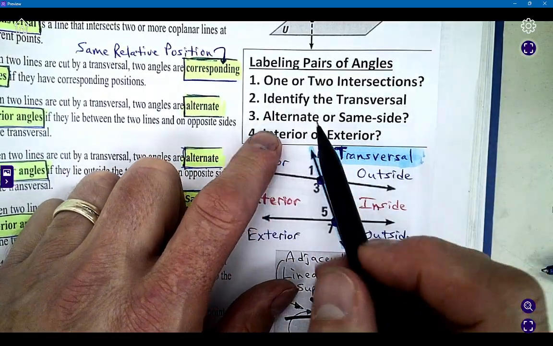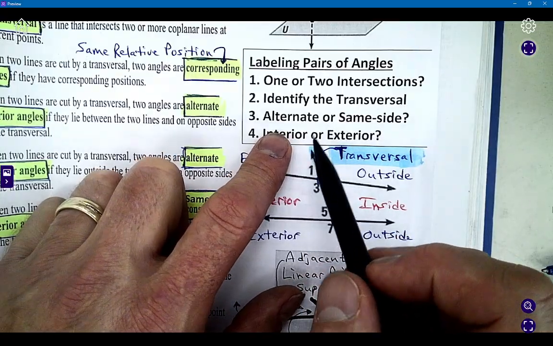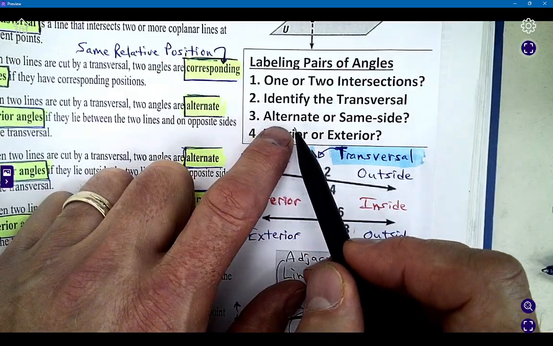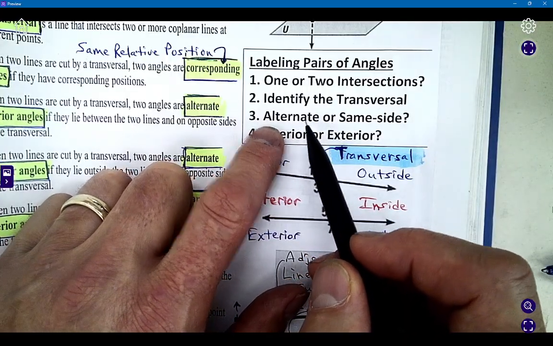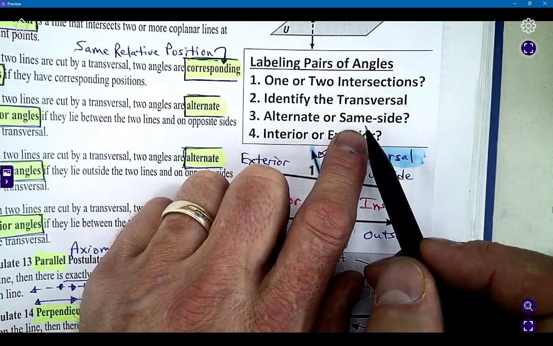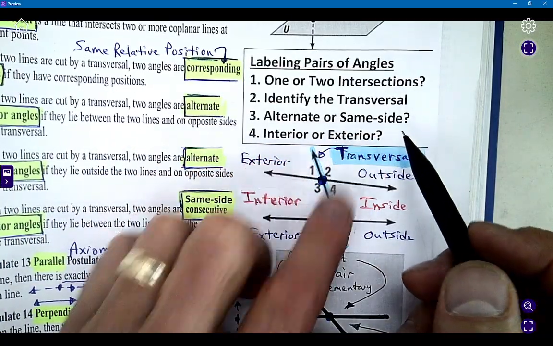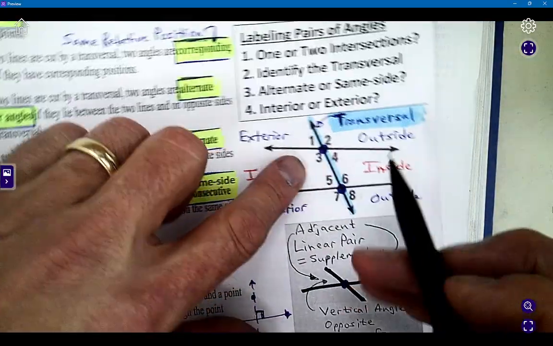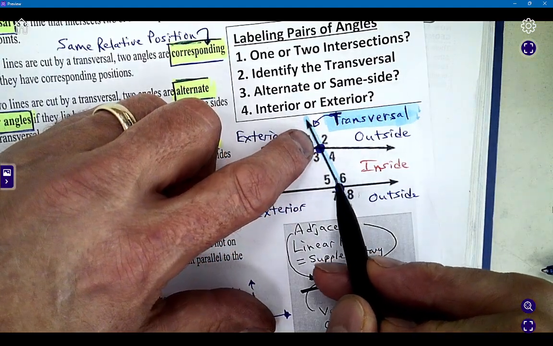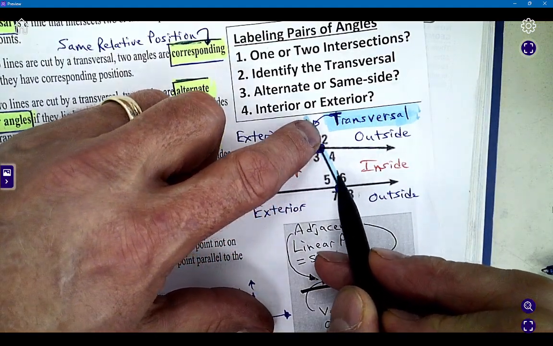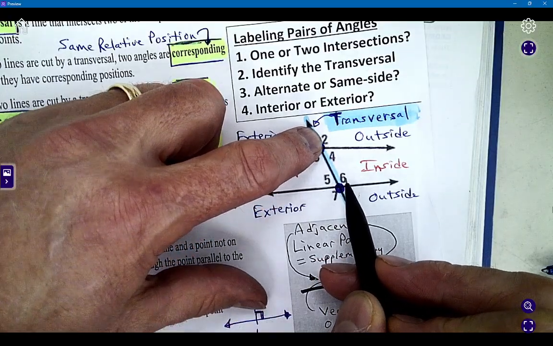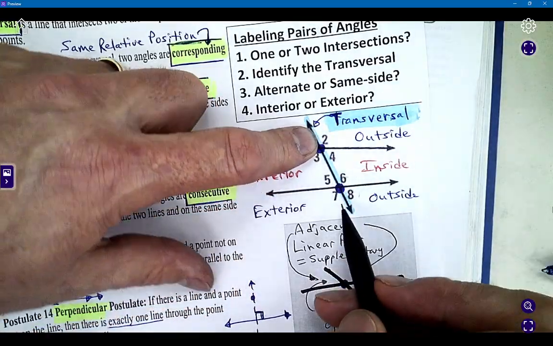The next step is to ask yourself the question: are the two angles that we're looking at on alternate sides of the transversal, or are they on the same side of the transversal? For example, if we were trying to figure out the relationship of angles 2 and 6, they are on the same side of the transversal.